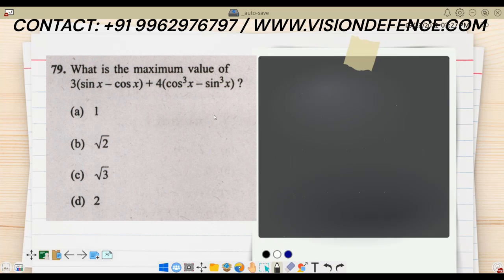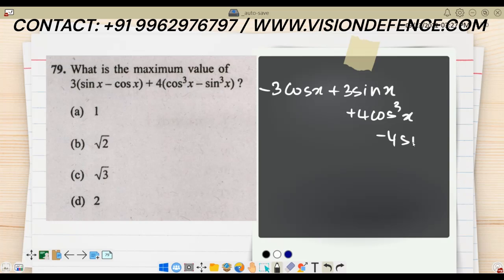For 79, what's the maximum value of this? This is a direct formula. So expand this: 3 cos x minus 3 cos x plus 3 sin x plus 4 cos cube x minus 4 sin cube x.